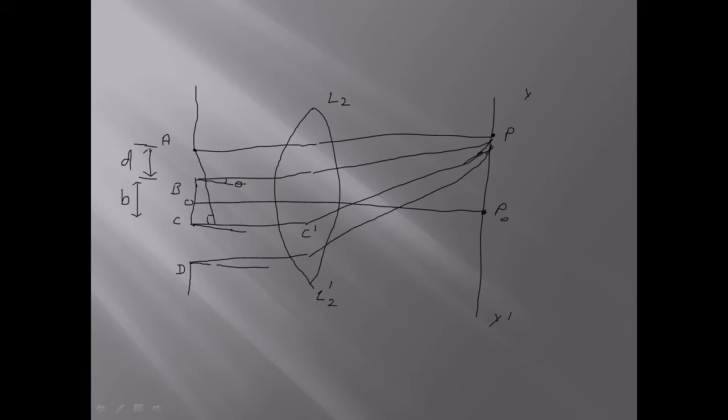This C dash is N. Just make an angle theta with the slit. And the rays are reaching at point P from these two individual sources.